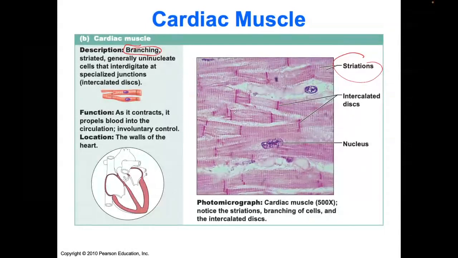You can see the branches, like the branches of a tree. They're usually uninucleated. They're not multinucleated like skeletal. And another important feature that we see are these things that I'm drawing circles around. These are called intercalated discs. These are specialized junctions.